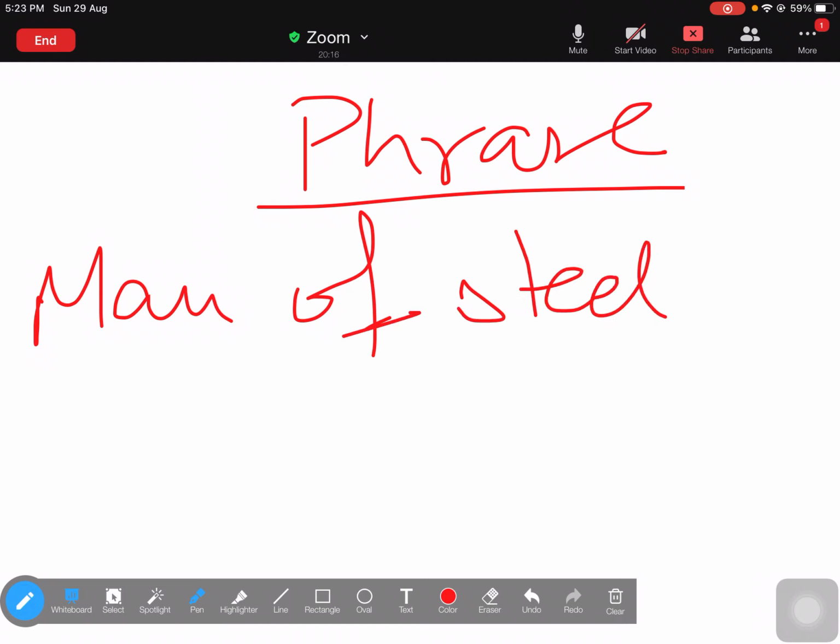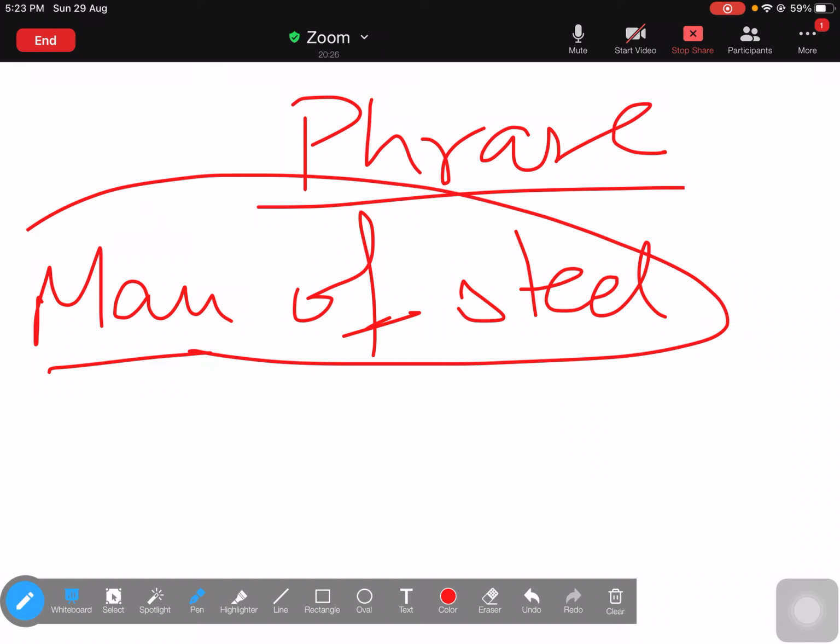In this, the subject could be there, man, but where is the verb? There is no verb. Verb means a word that denotes the action. Now, this sentence does not make complete sense. Man of Steel, come on, man is made up of flesh, bones, blood. So, man of steel, but you get some idea. Okay, someone who's quite strong.